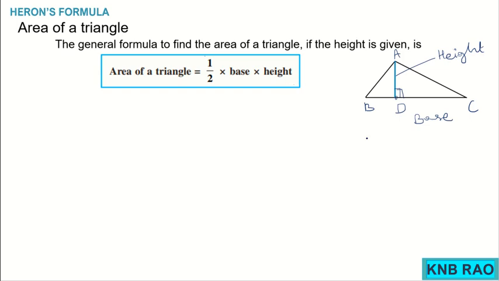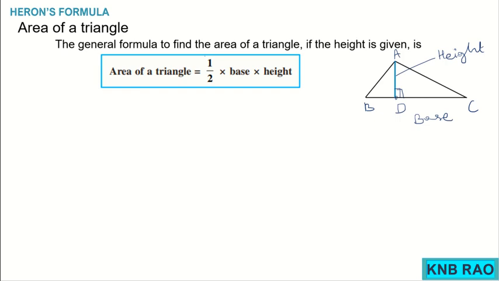So we have learnt this formula. Suppose if we do not know the height of it, how to find the area of it? That is what Heron's formula all deals about. Let us go for special type of triangles, children.